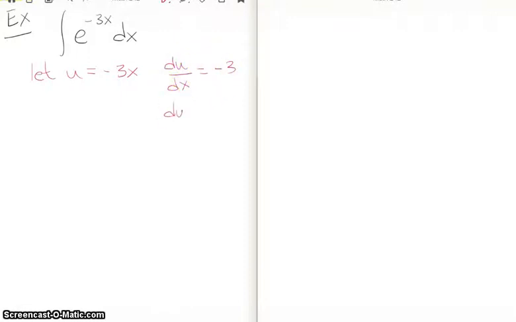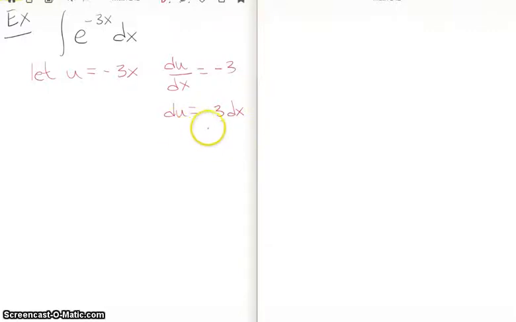I usually say du is equal to negative 3 dx, and then I try noticing if I have what is here, this negative 3 dx, and just replacing it with du. What some people prefer to do is always to isolate the dx and plug that in. In this one, it's not going to make too much of a difference, but you'll see what I mean for the coming examples.